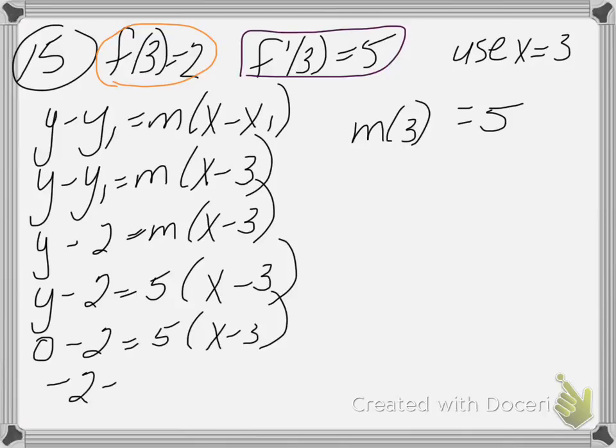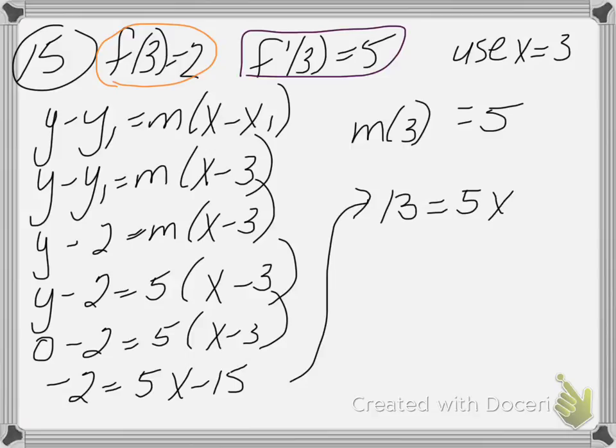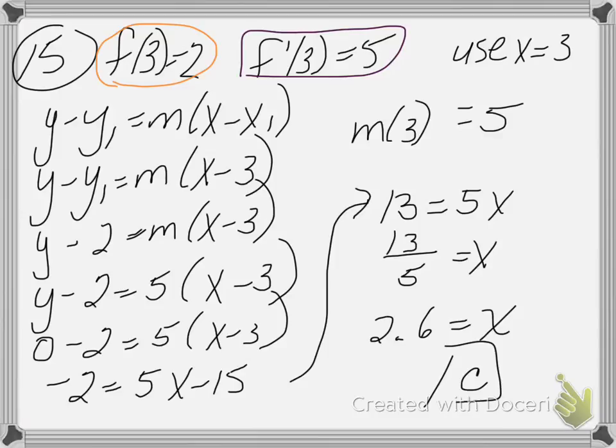Okay, I'm going to simplify. Going to add 15 to both sides, and then divide by 5. And 13 over 5 is equal to 2.6, and that was choice C.